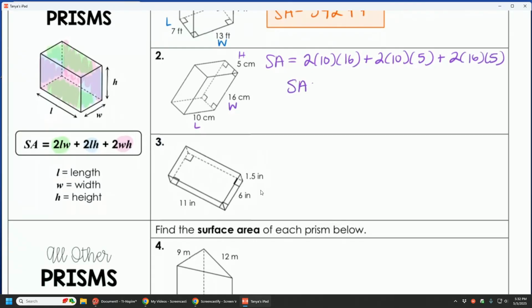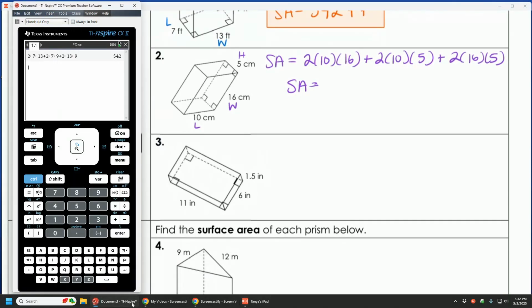And then let's type this in and see what we get. Okay, and that is what I get for the second one, 580, and this time it's square centimeters.